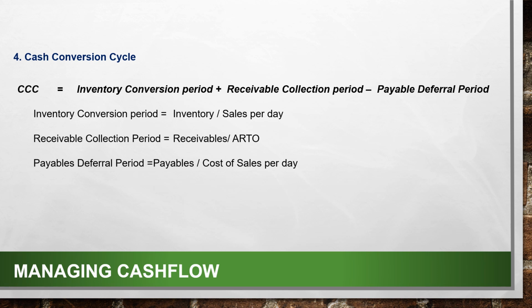This is actually the inventory turnover period. We also have the receivable collection period, which is receivables divided by the accounts receivable turnover. And that is the time to collect our receivables plus the time to convert our inventory less the time to pay our suppliers' payables.